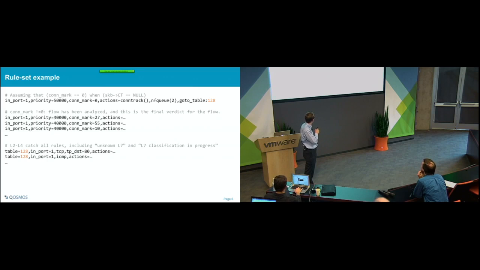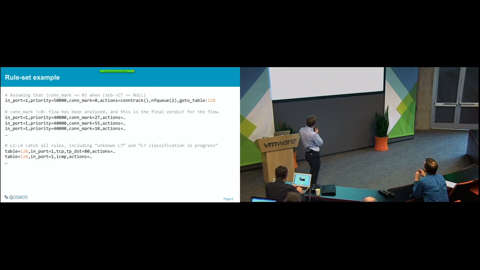I don't want to do an arrow CT here, an arrow mark here, because my SKB is null. So this is to avoid the loops. If you have a packet that is already classified, with a conmark different from 0, you won't match this one, you will go directly here. And then you will have BitTorrent, Skype voice, etc.